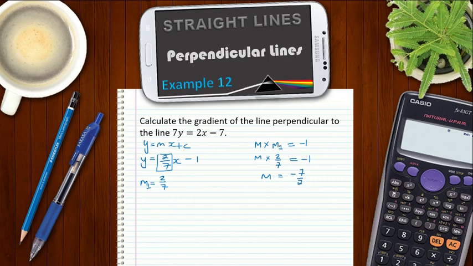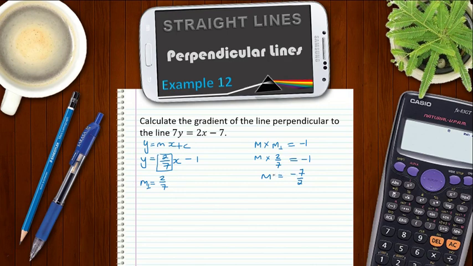This is one method, by substituting in and solving, but another very easy way is to simply swap the numerator and the denominator around and change the sign. As you can see, now 7 is at the top and 2 is at the bottom, and we have a negative instead of a positive.